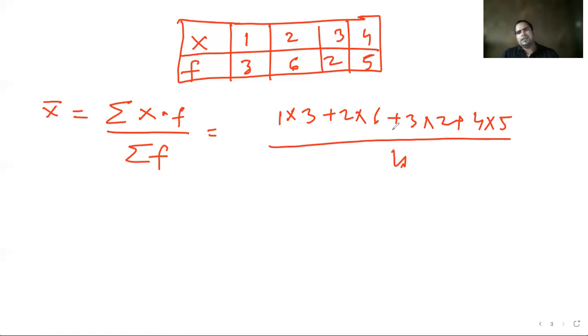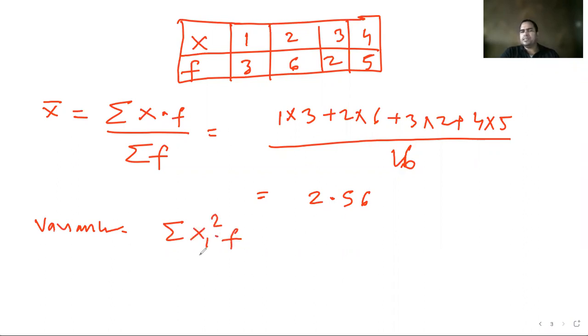If we calculate this using technology, we get the mean as 2.56. Now when you calculate the variance, the variance formula for this kind of data is sigma xi square times frequency upon sigma f, the summation of frequencies instead of n, minus x bar square.